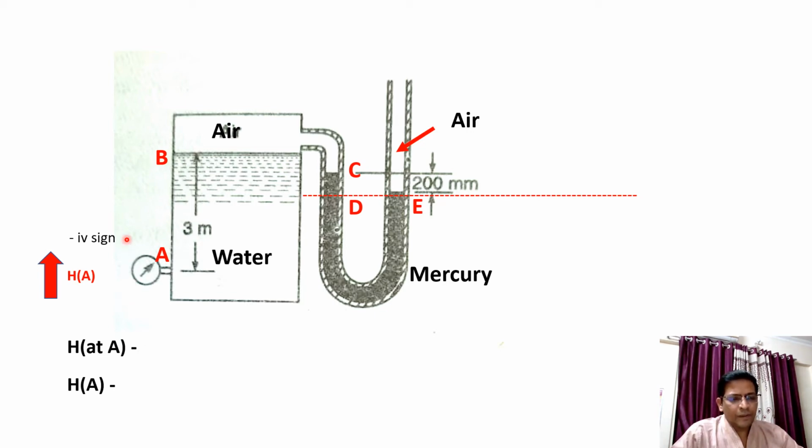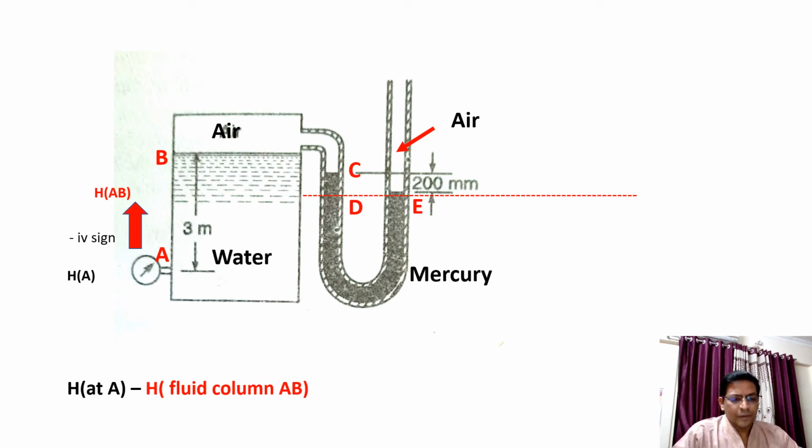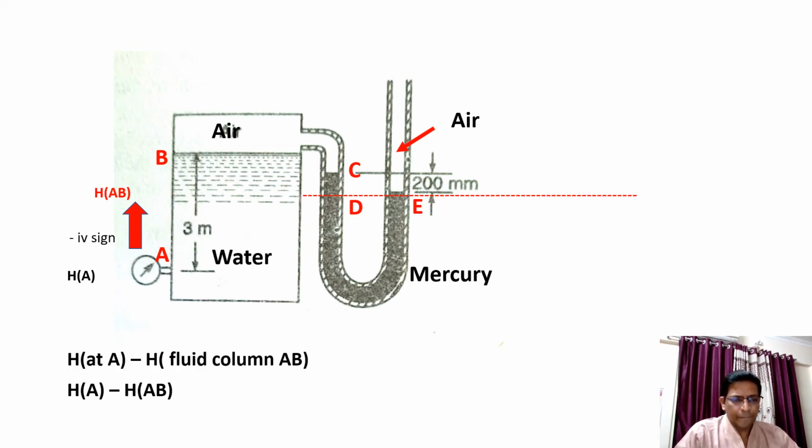By the hydrostatics law, as the depth of a fluid column decreases, pressure decreases. In between point A and B is fluid column AB, so minus the height of the fluid column.